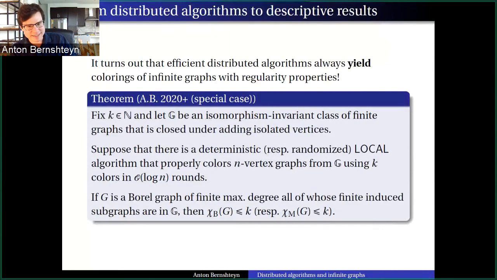Another thing is that you can also say something about the case where it's not little o of log n, but just big O of log n rounds; there is still some useful information you can extract from it. If it's big O of log n, then maybe this conclusion will not hold for all Borel graphs, but for all Borel graphs of sub-exponential growth. You look at your graph and you look at how many vertices are at distance 1 from a given vertex, 2, etc. This is some kind of function of the distance.